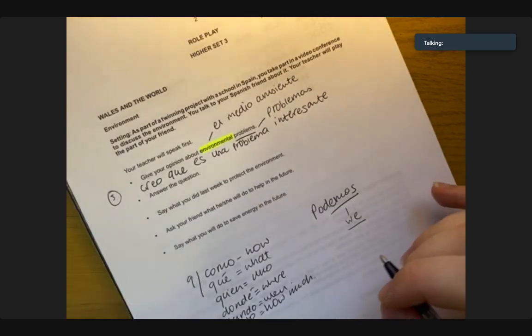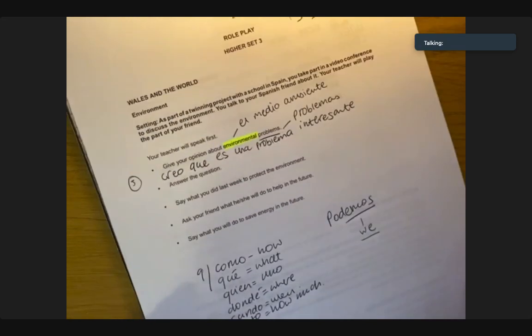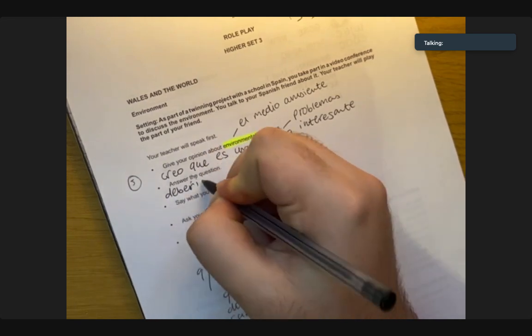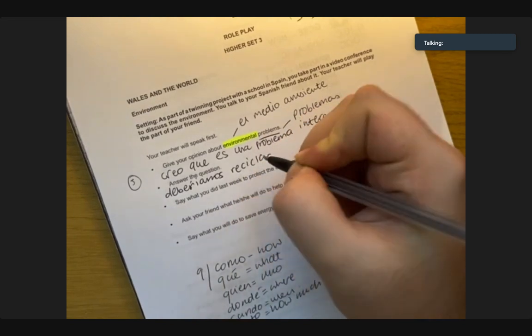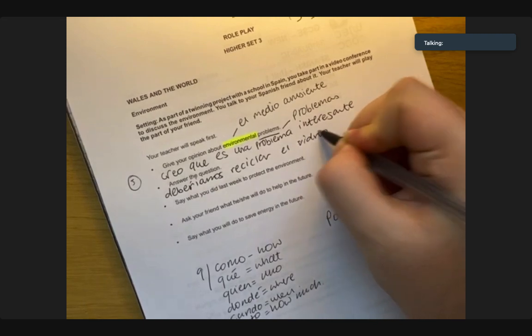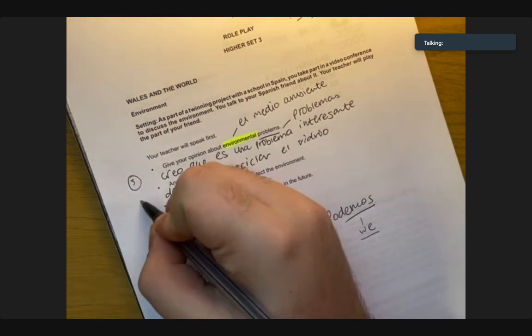So, again, something really simple, doesn't have to be a long answer. I could say deberíamos, which means we should, reciclar, and then el vidrio, which is glass. I could have said something like ahorrar el agua, or apagar las luces, turning off the lights, saving water. Something as simple that will also get you the 3 marks.